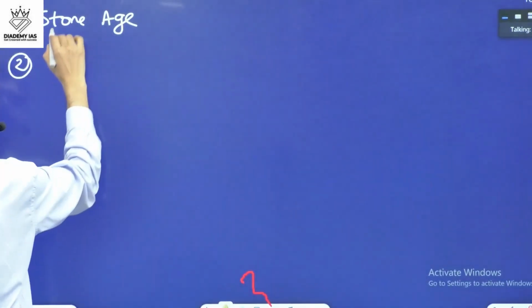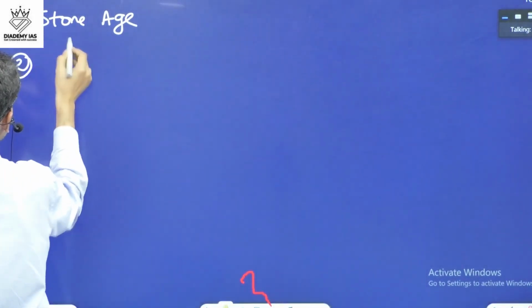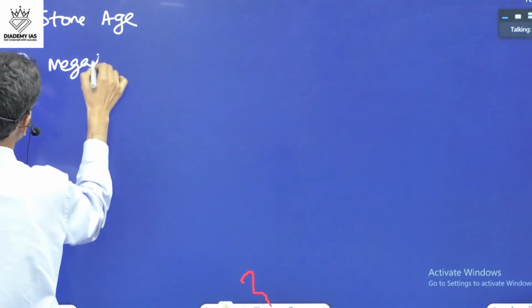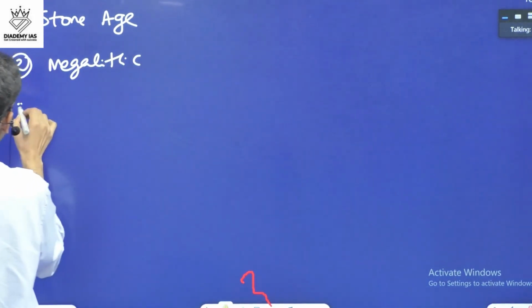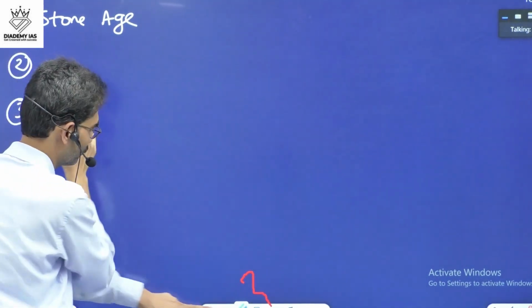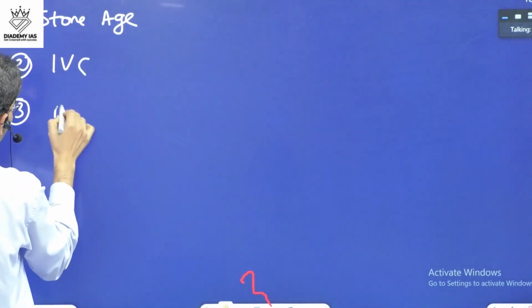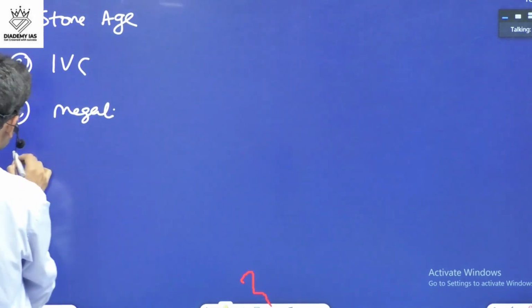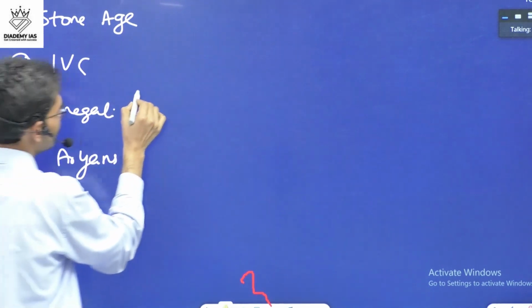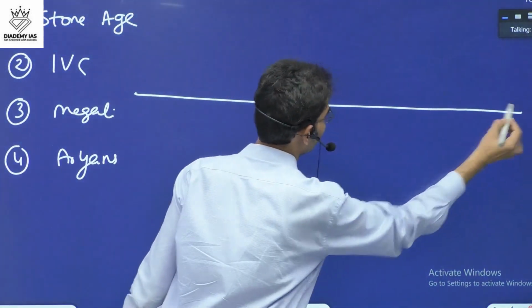Then second one, once Stone Age is done, second part is about megalithic or Indus Valley civilization. Then megalithic, then Aryans.